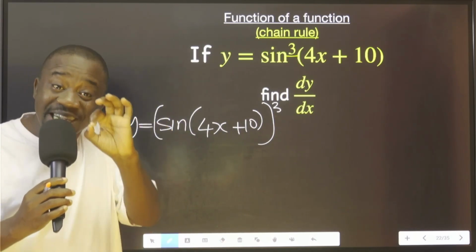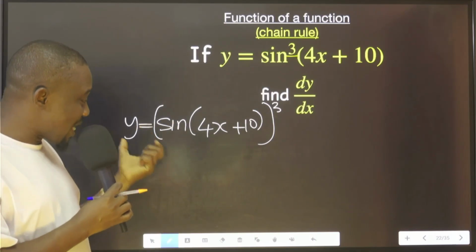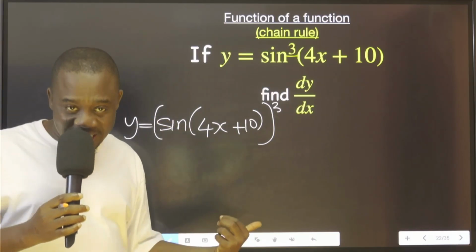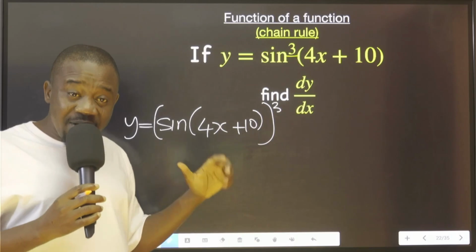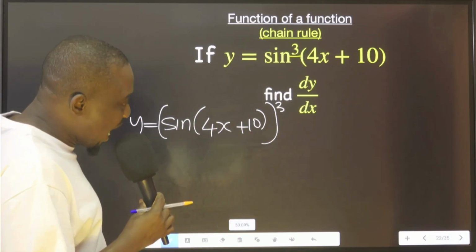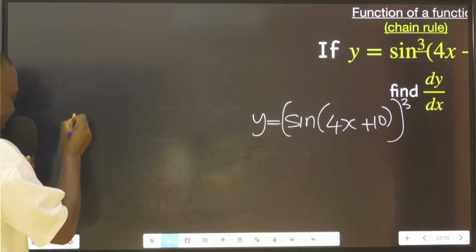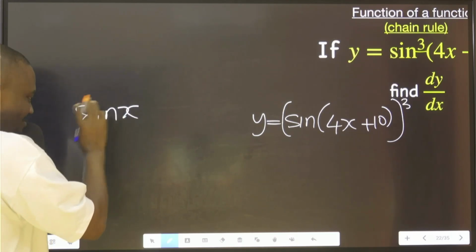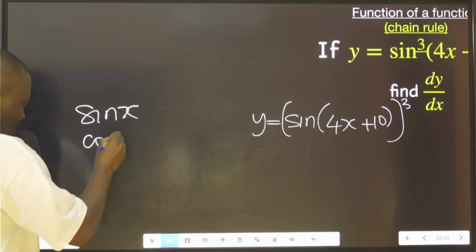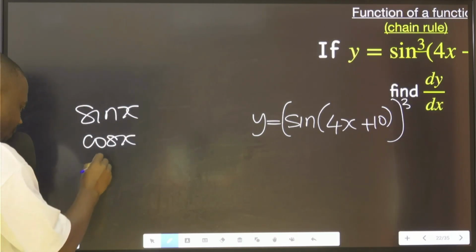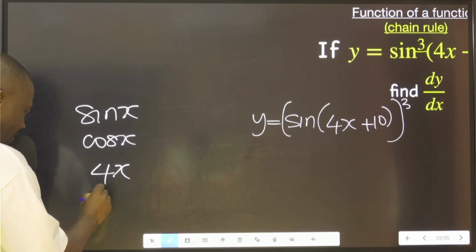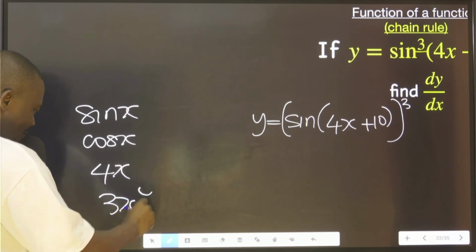We don't want pregnant functions. As you can see, this question is pregnant, because for differentiation we should have things like sine x, a single, cos x, a single, 4x, a single, x raised to power 4, and so on.